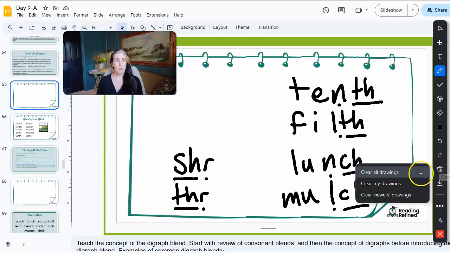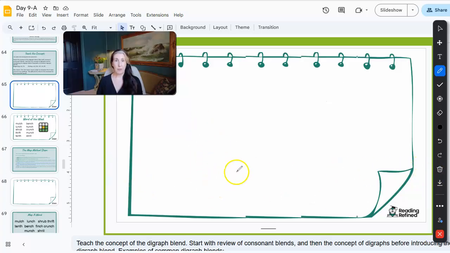So in order to set us up for the trigraph discussions, particularly with the nch combination, what we're going to make sure we are explaining is that a word like lunch, so ch, the vowel position is here and the ch position is here.